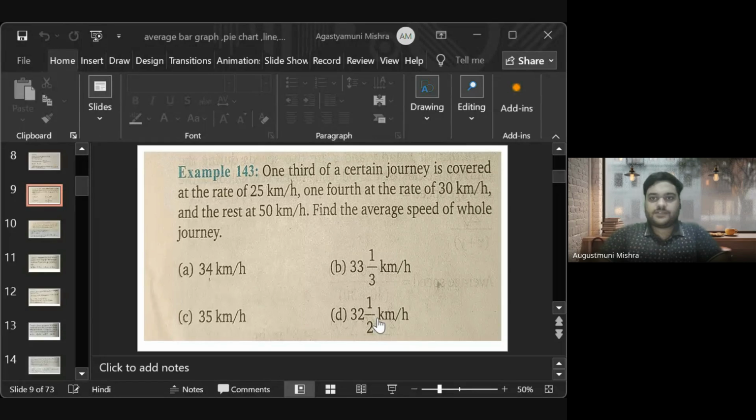Okay, one response we have, that is B. Only 1 minute left. I'm waiting for a few more. Two responses we have, that is B. Three responses we have, that is B. Only half a minute left. I'm going to change the slide.